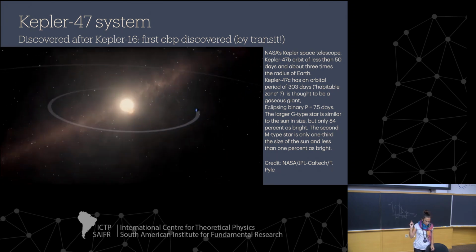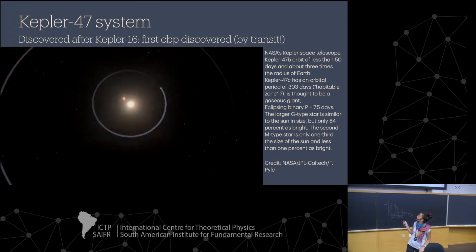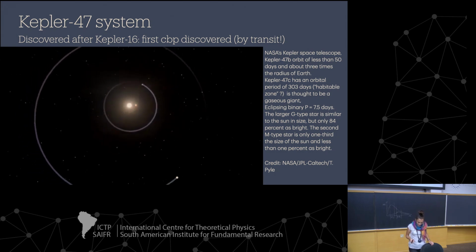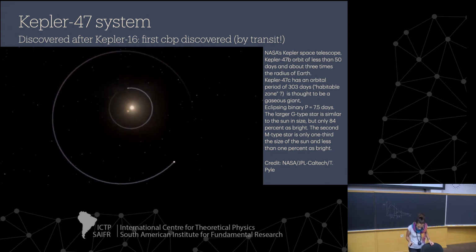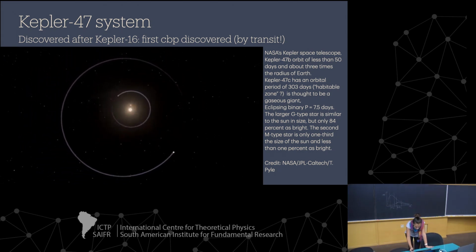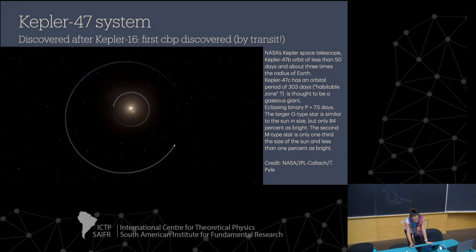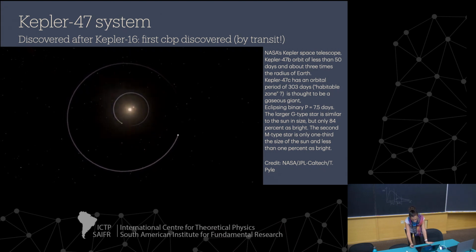Indeed, you have the 2 stars in the middle, and then you have the exoplanets in there. The interesting bit I wanted to mention, oh yeah, they discovered after that there's a third. I was like, oh, seriously? Okay, it has 2 exoplanets, sorry. So this is C and this is B. C has an orbital period of 303 days.